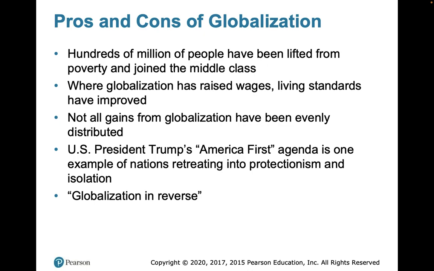However, not all gains from globalization have been evenly distributed. A lot of people profit more than others in this globalization. Most times, in the countries and regions where these big companies operate, like the oil companies for example, they deteriorate the environment. They cause a lot of pollution, and the areas where they operate deteriorate very fast.